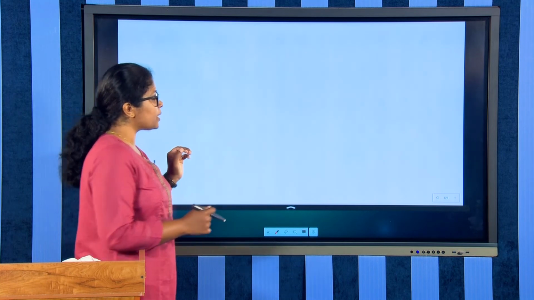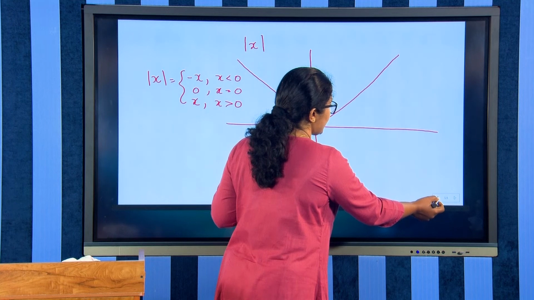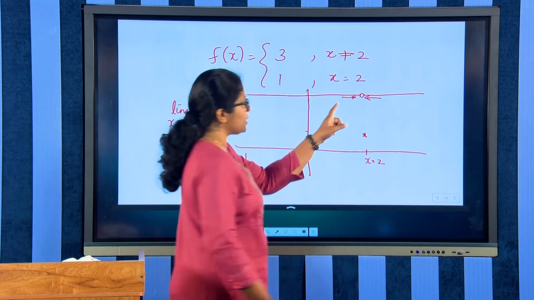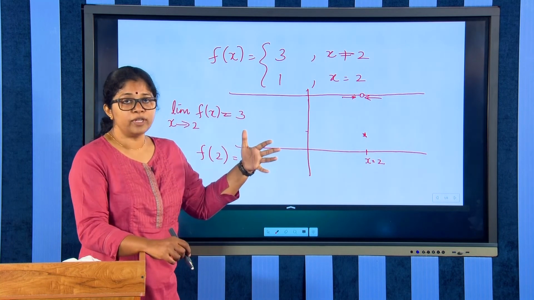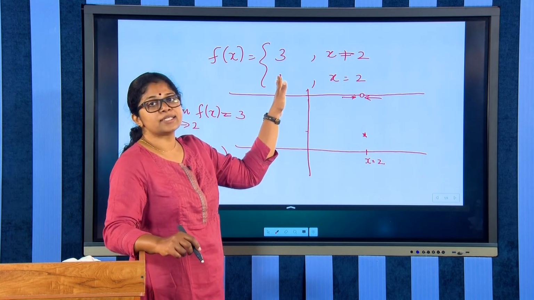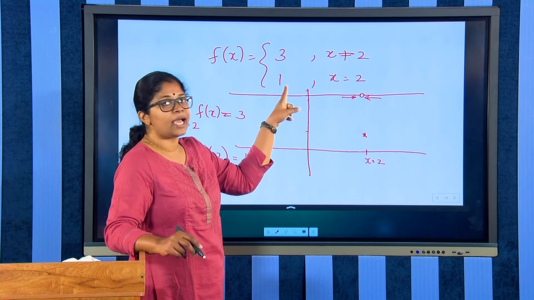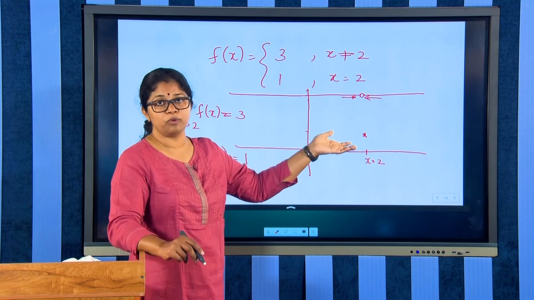So, removable discontinuity is the case that we have seen in the first slide. That means if you have a function something like this, actually the discontinuity can be removed if we put the value at x is equal to 2 as 3 for the function. So, if the function takes the value 3 at x is equal to 2, this discontinuity could have been removed.